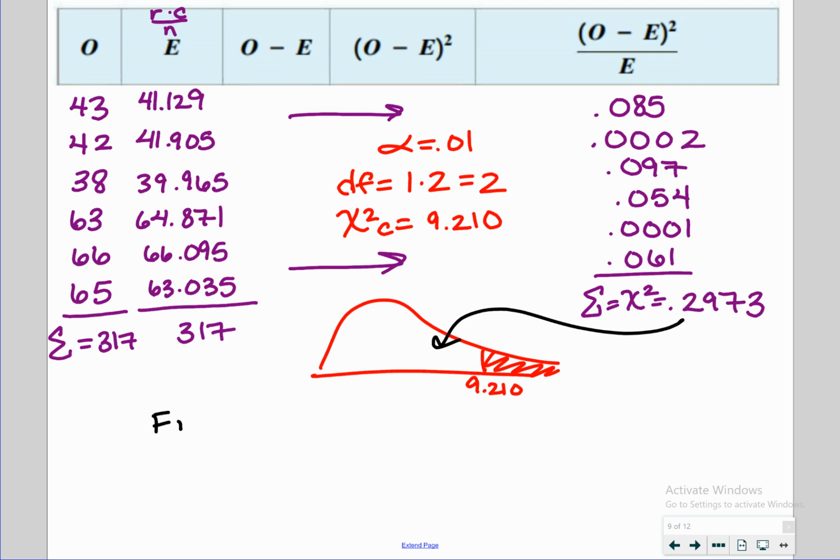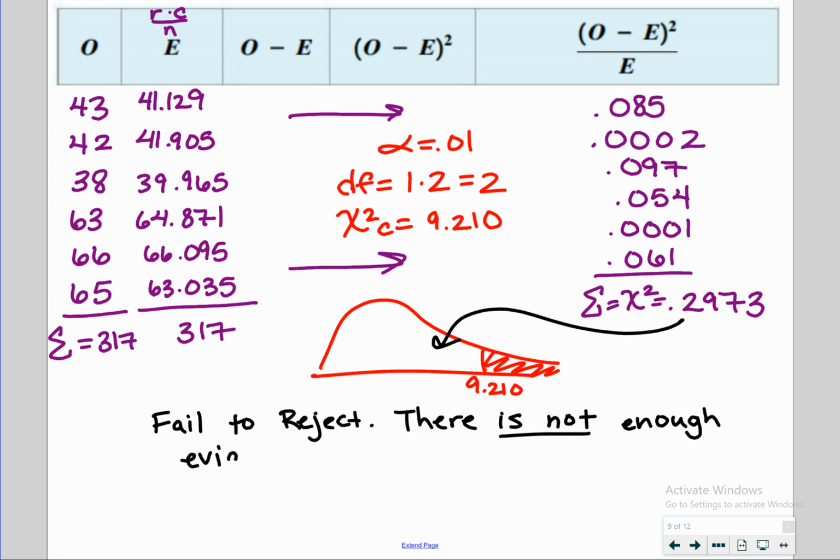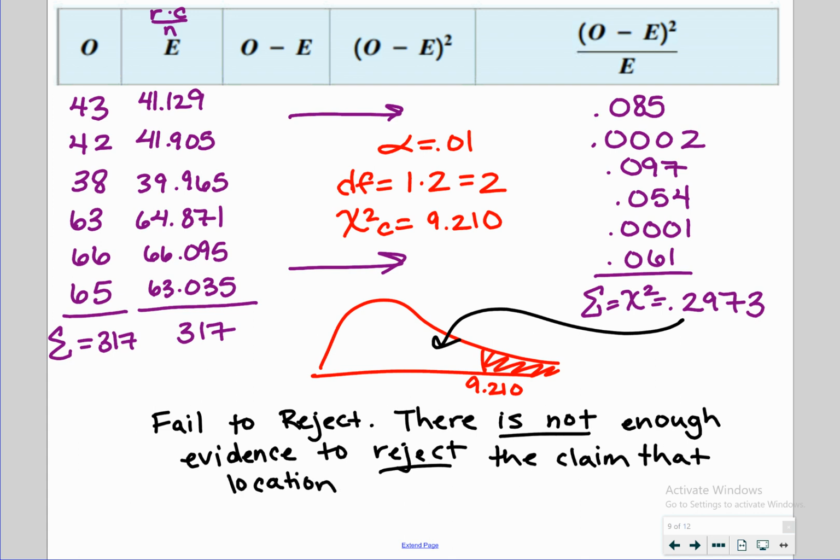Fail to reject. All right, and then what does this tell us? So we say there is not enough evidence to reject the claim that location and subject are independent.